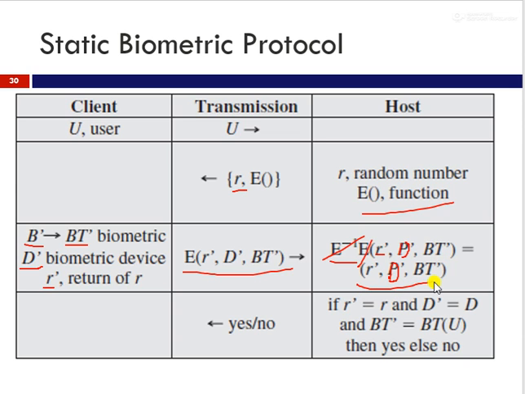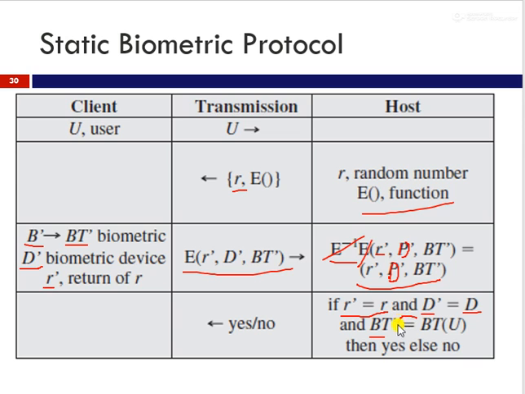So this will be retrieved out of this message, and then what will the host do? The host will compare whether the received random number is the same as the random number sent by the host, whether the device ID that is received from the client is the same as the registered device, and whether the biometric template is the same as the biometric template of the user.